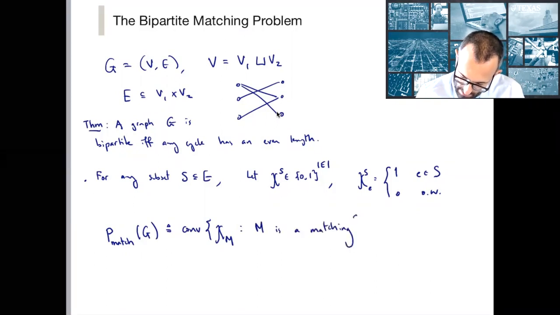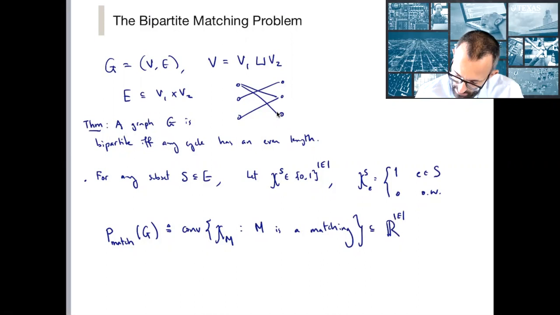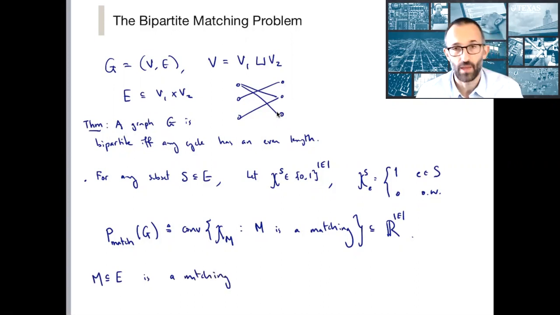I suspect many of you know what a matching is, but let me remind you, M is a subset of the edges. And it's a matching if no two edges are incident on the same vertex.